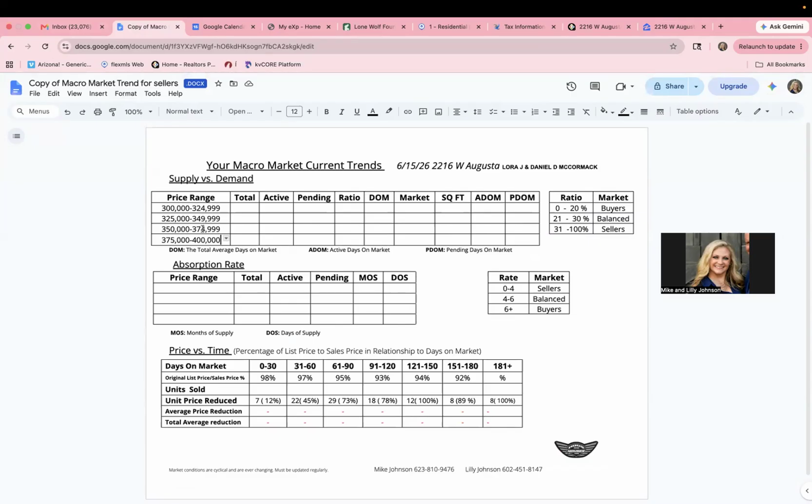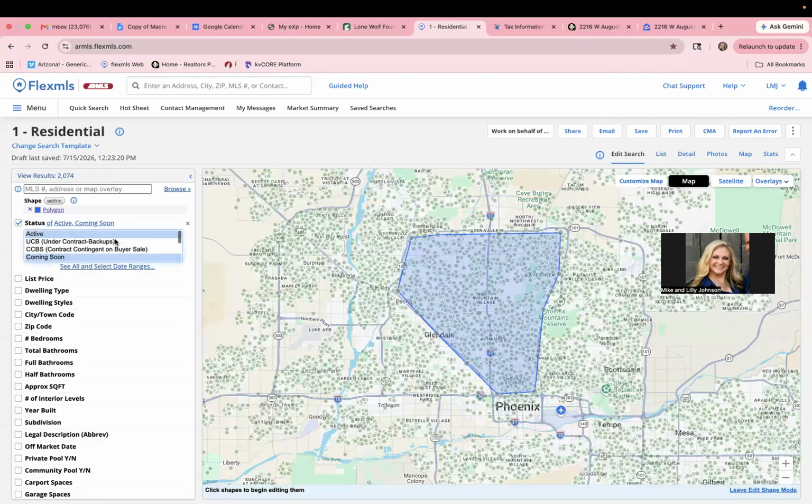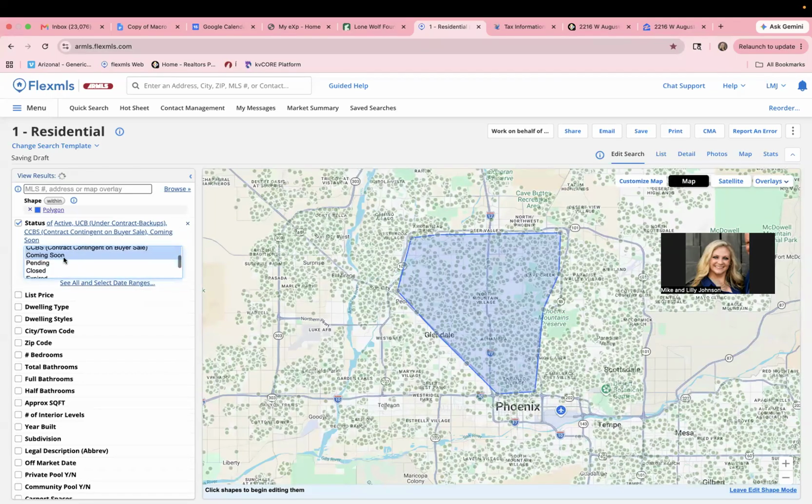I might even bump this up, I might go 320 to 420. We'll see. This is just where I'm at right now. So I have my geographical area, which I might change depending on what I pull up. Right now, I just want active and pending, which also includes these guys.